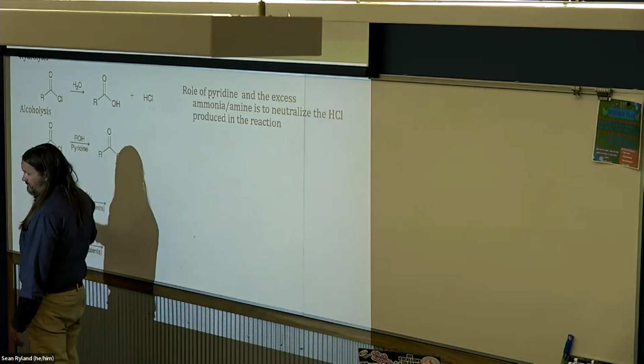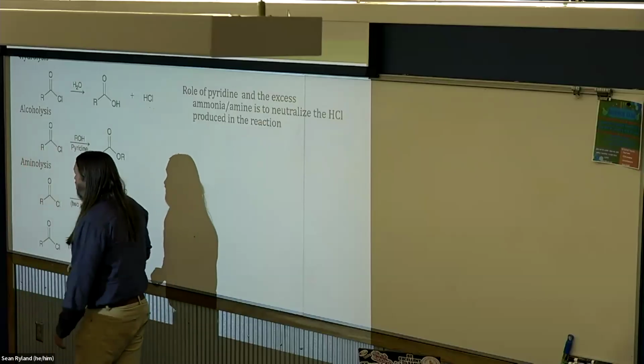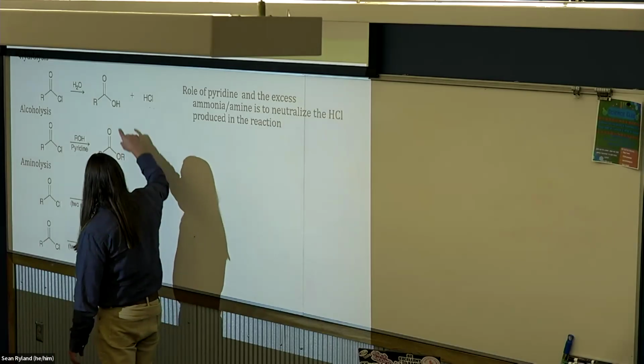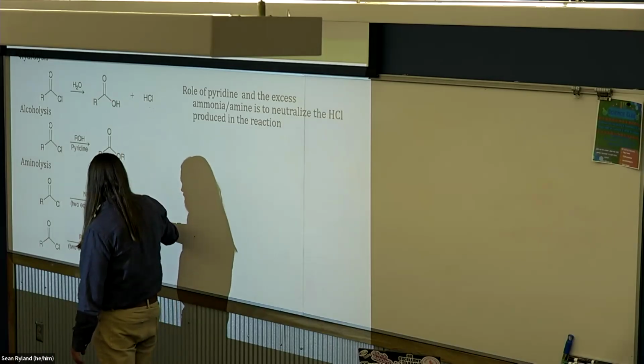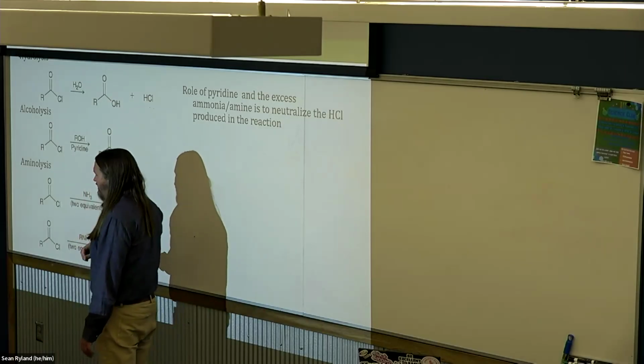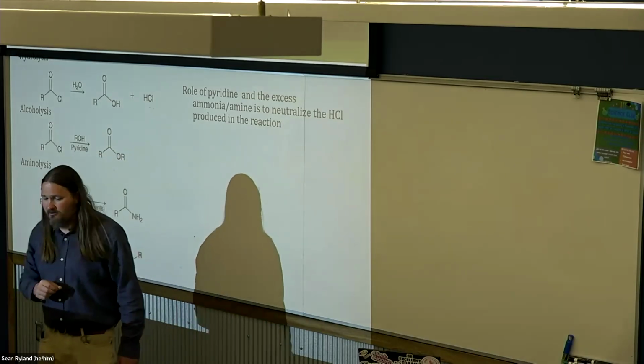These are all once you've made the acid chloride. Like, this could be a different step too. This is once you make the acid chloride, this is how you get to all the other functional groups. Because if you look here, we've got acid, ester, and amide, substituted amide. We make an acid anhydride this way.